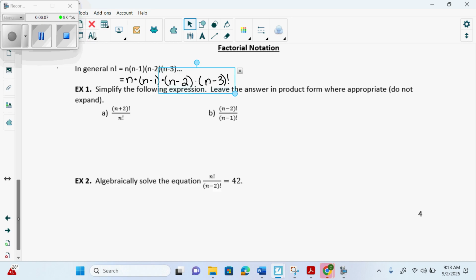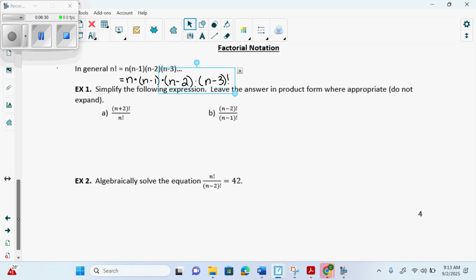N. What if I give you n plus 2 and n? Which one's bigger? N plus 2. Now this is the one that people mess up. What if I give you n minus 1 and n minus 3? Which one's bigger? N minus 1. A lot of people want to pick the 3 because 3 is a bigger number. But if you take any number and subtract 1 from it, and any number and subtract 3 from it, that one's going to be smaller. Correct? Okay.